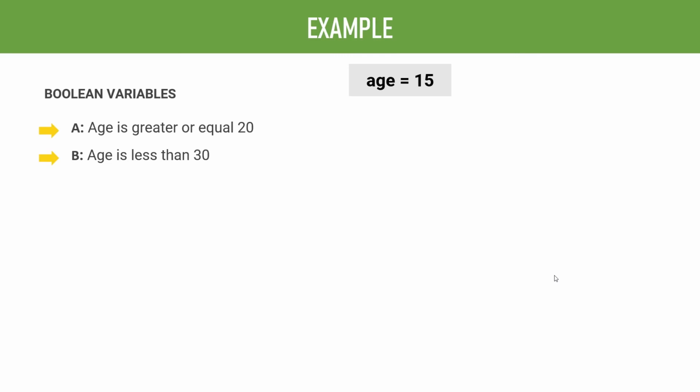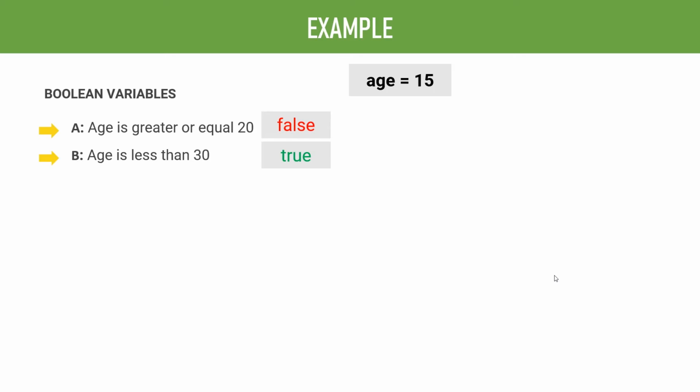And the second one, B, is age is less than 30. So let's determine the value of each of them. If age is 15, then age greater or equal to 20 must be false, right? And of course, age is less than 30 is true, because 15 obviously is less than 30, okay?